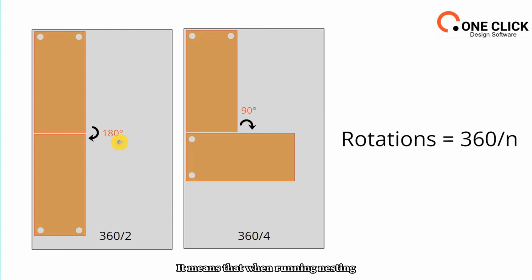It means that when running nesting, the software can rotate the part panels 180 degrees. Another example is 90 degrees. So when running nesting, this part panel can be rotated 90 degrees.